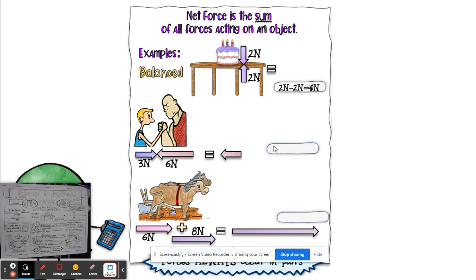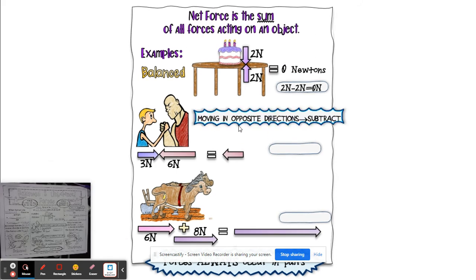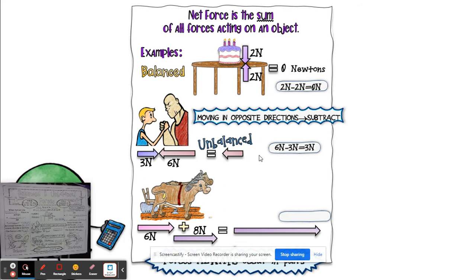And how we write it out is 6 newtons minus 3 newtons equals 3 newtons, okay? So if you're unbalanced, if it's going opposite directions, you always subtract.